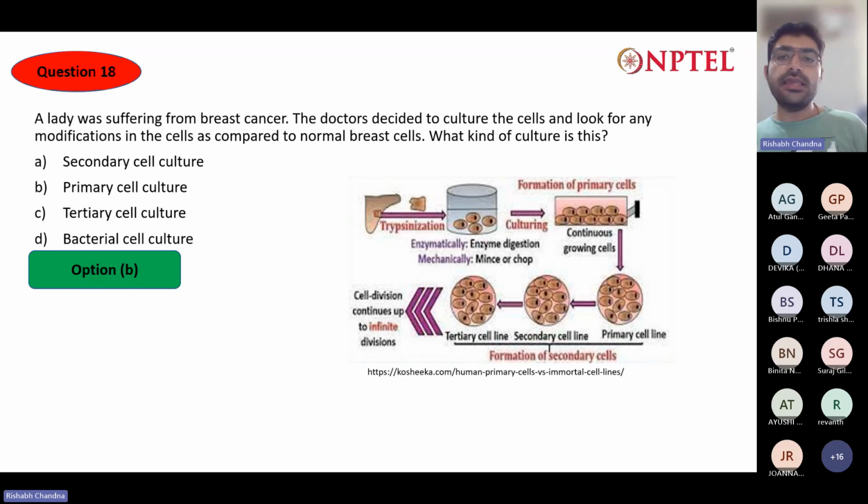For example, there are factors like insulin growth factor or the epidermal growth factor that we give for culturing certain cells. For liver cells, I think we give insulin growth factor to grow in vitro. So in that case, we are transforming those cells from differentiated to non-differentiated cells.